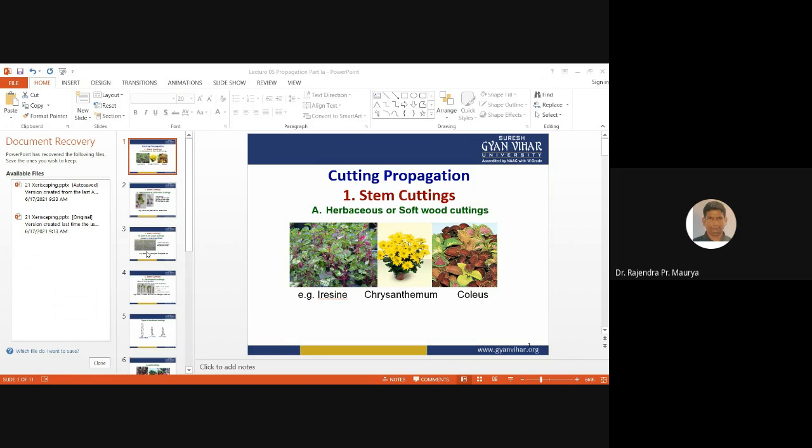But in semi-hardwood cuttings, the upper cut should be slanting, and the bottom cut should be just below the node and horizontal.